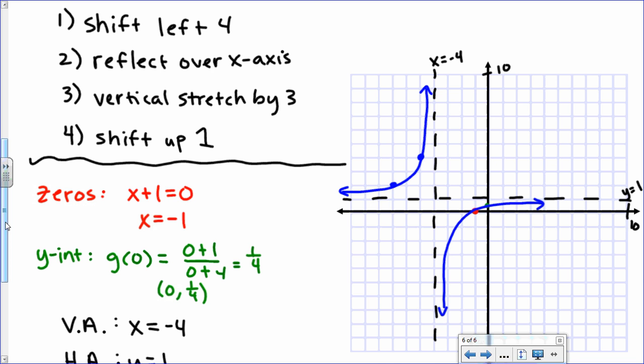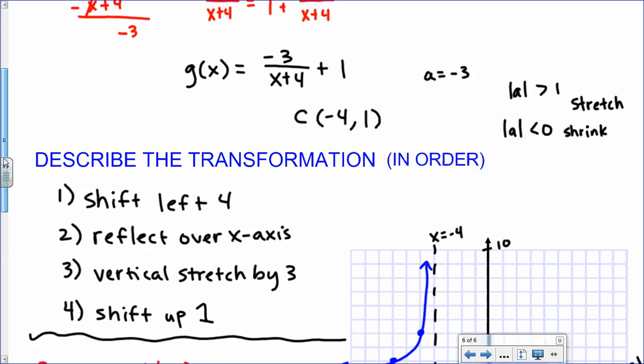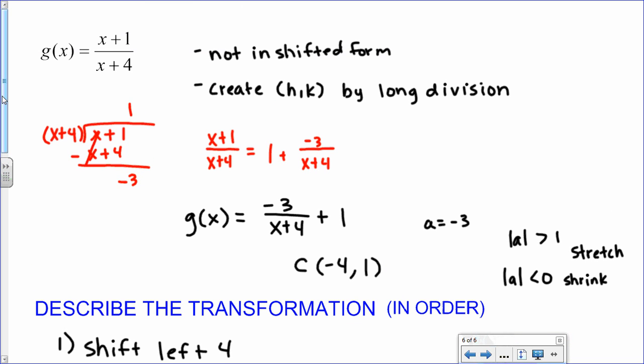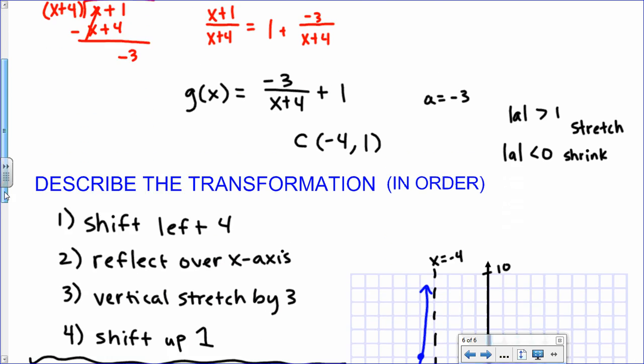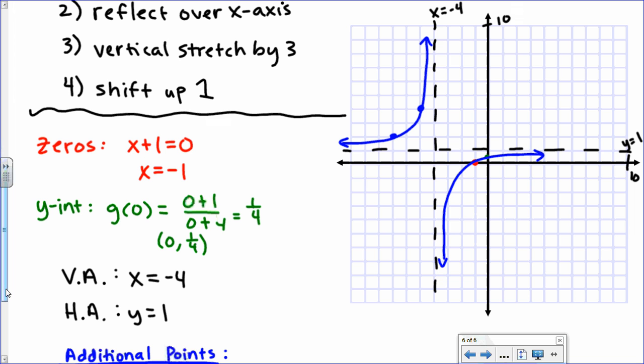When you type stuff like this in the calculator though, if you use the division sign as your fraction bar, these have to be put in parentheses. Okay. We're not quite done, just a second. Any questions about this?